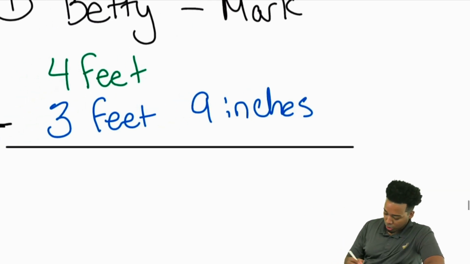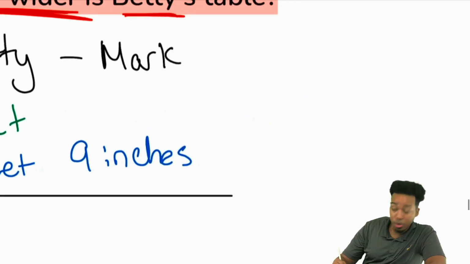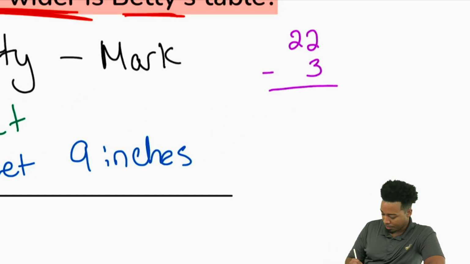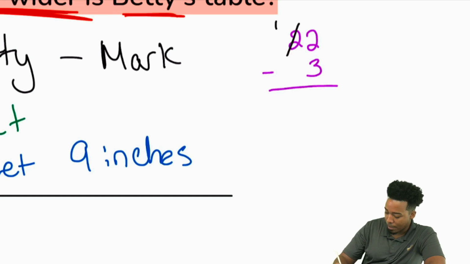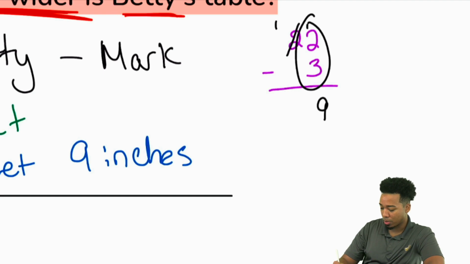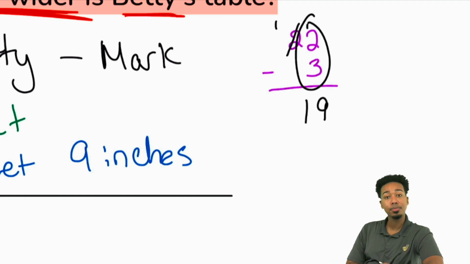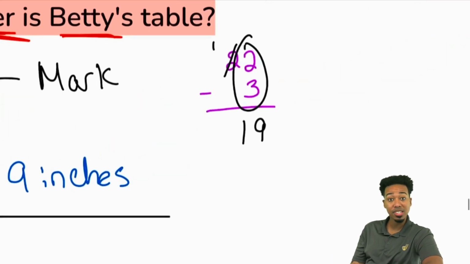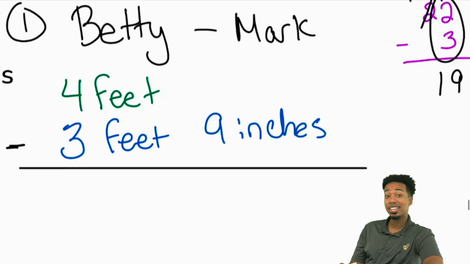But essentially in the same way that if I were to do 22 minus, let's say 3, in the same way that we go ahead and say, let's borrow a 1 there and make that a 12. 12 minus 3 is 9, then the 1 comes back. In the same way that we borrow right here, that's the same way that we'll borrow here. Except we're not doing by tens places, we're doing feet to inches.